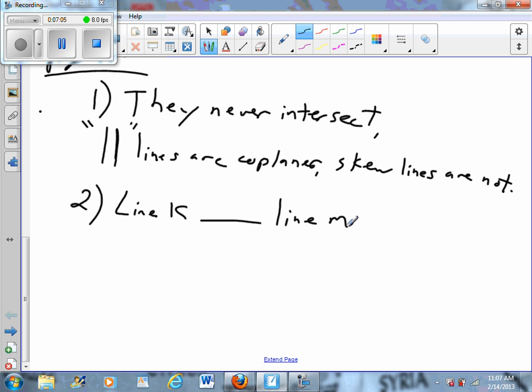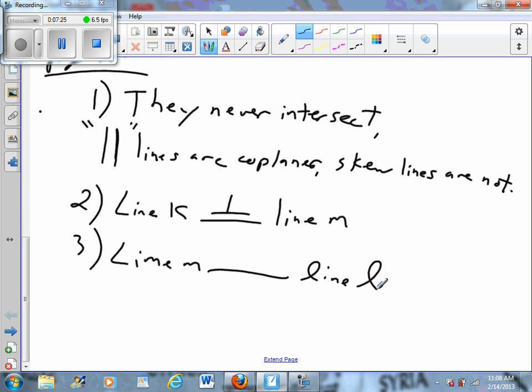So line K and line M are perpendicular. So I would expect to see that symbol right there, right? What about number three? Line M and then line L. Perpendicular or parallel? Yeah, they're going to be parallel, aren't they? So use the parallel symbol right there. And that's how you'll work those.